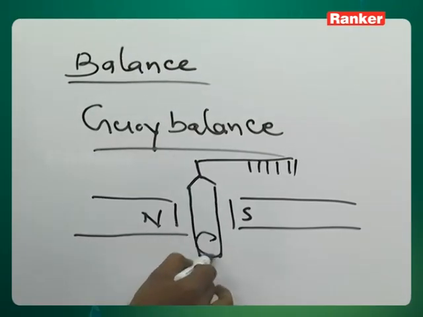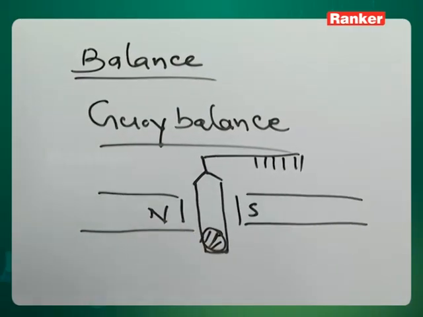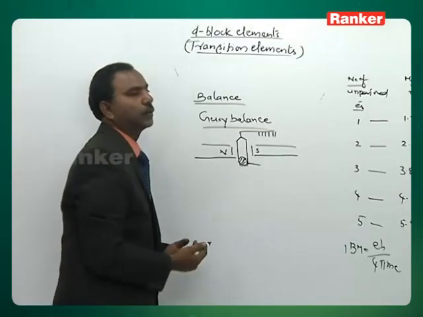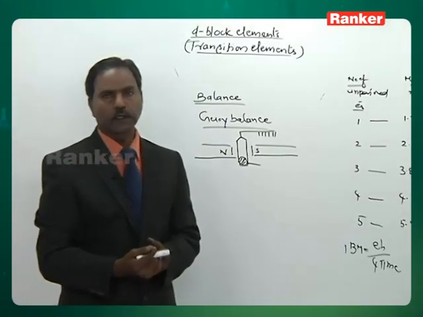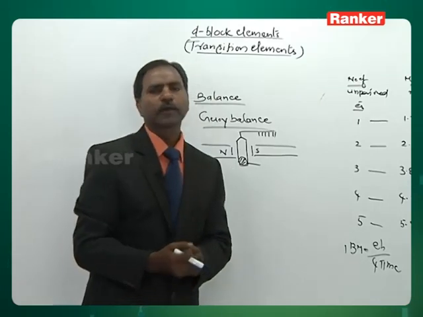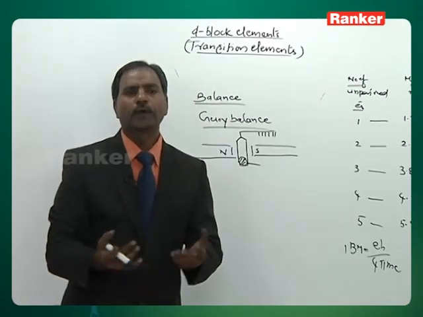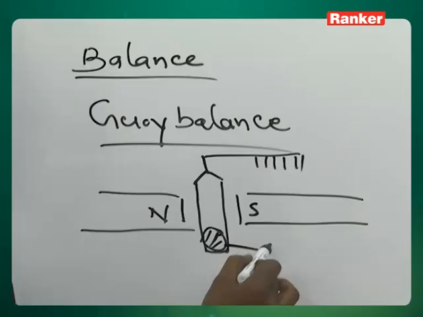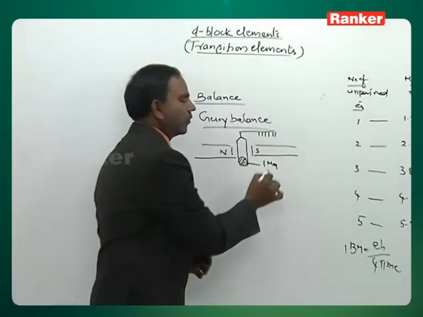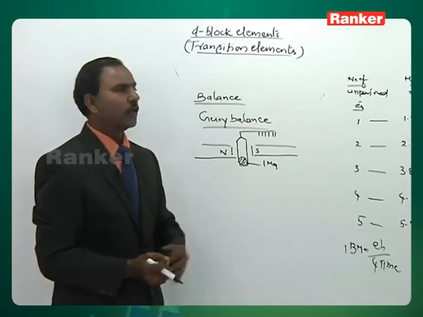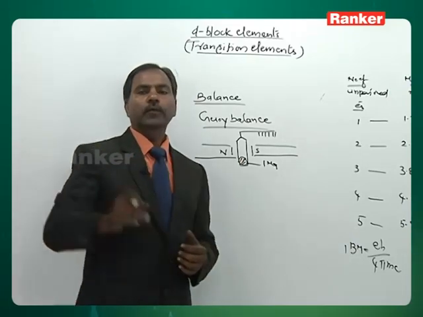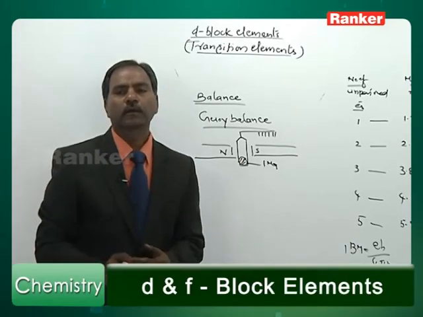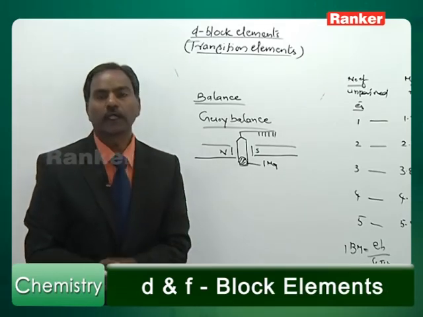Suppose you have taken a certain substance in this. You don't know the nature of this substance. It may be paramagnetic or it may be diamagnetic. Consider 1 milligram of the substance you have taken. Once you put it on the instrument, if it is paramagnetic, its weight increases. Why is it increasing?